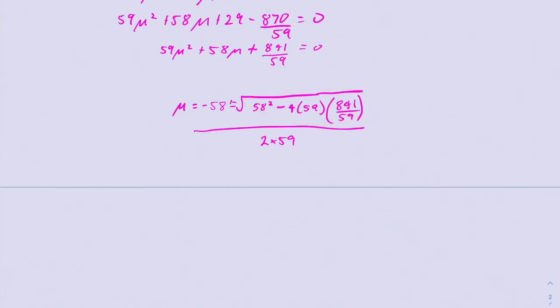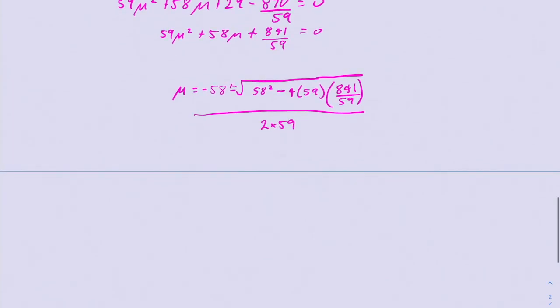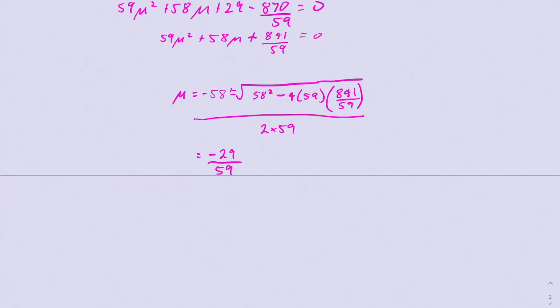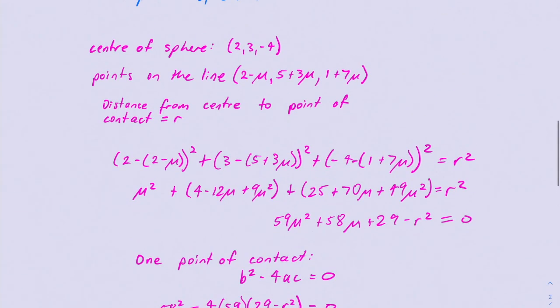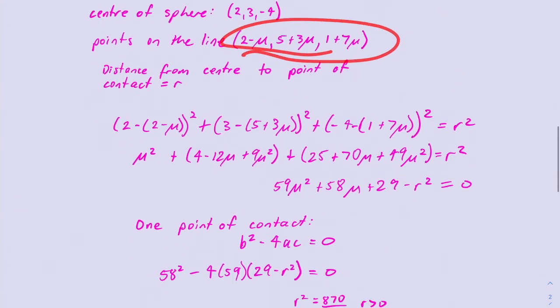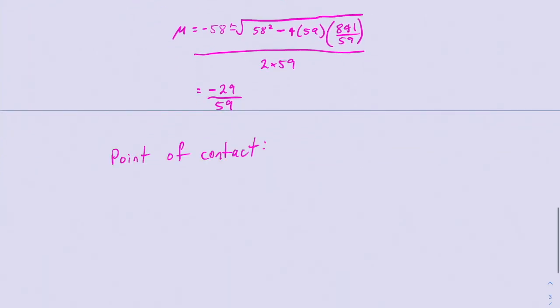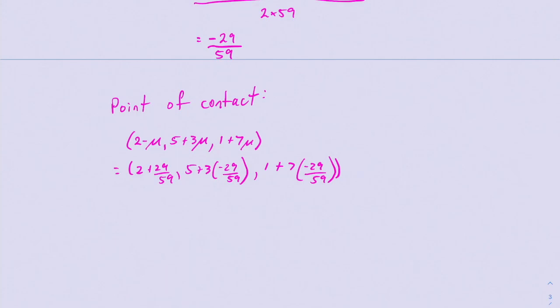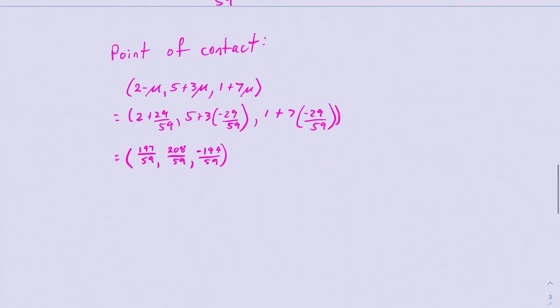We've already found that that's 0, but we can double check it, of course. So mu is equal to negative 29 on 59, and we just need to plug that back into here. So plugging it back in, the point of contact is, there it is, and work that out. That is our point of contact, just one single point of contact.